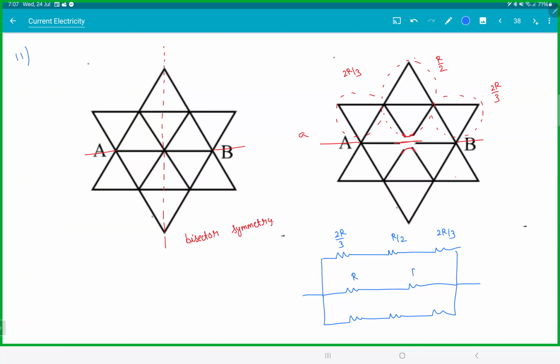This is r, this is r, 2r by 3, r by 2, and 2r by 3. There, everything is in series parallel. You can solve this. I remember the answer is 22r by 35, and I think some people did get this. Do check it out. Once you remove that, it simply becomes series parallel. Clear? You can fold it also, but it really doesn't make much of a difference. Let's see one more.